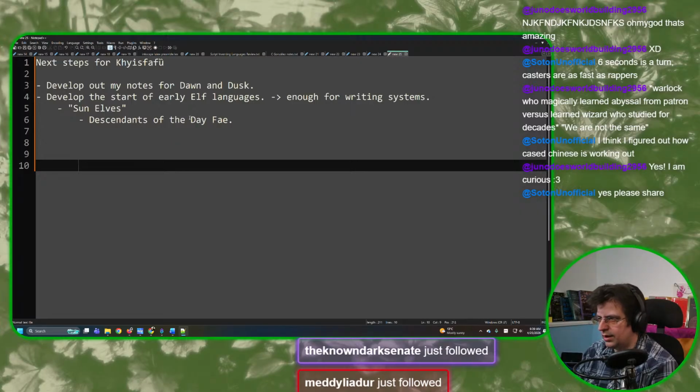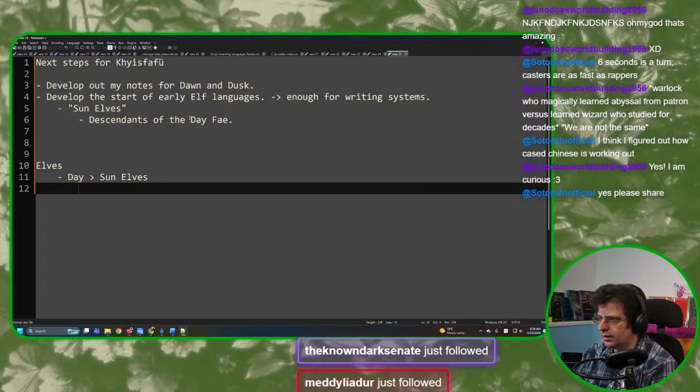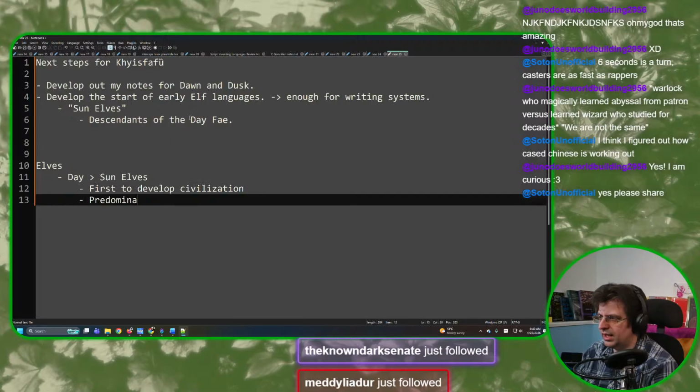The day ones become the sun elves, and so they're the first to develop civilization, predominantly dark skinned. They will have a range of skin tones, but they live in the sun all the time, so they're mostly darker skinned.